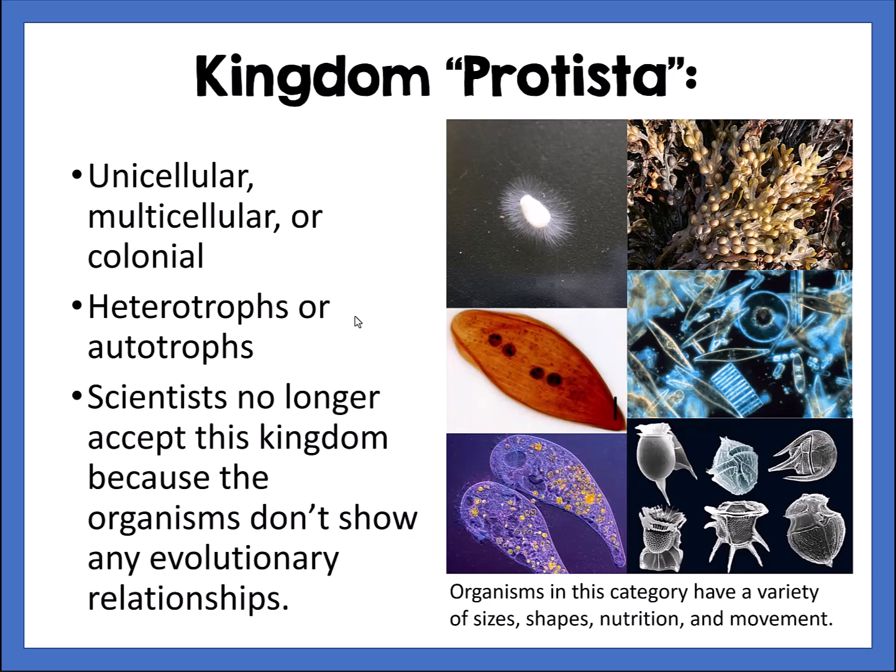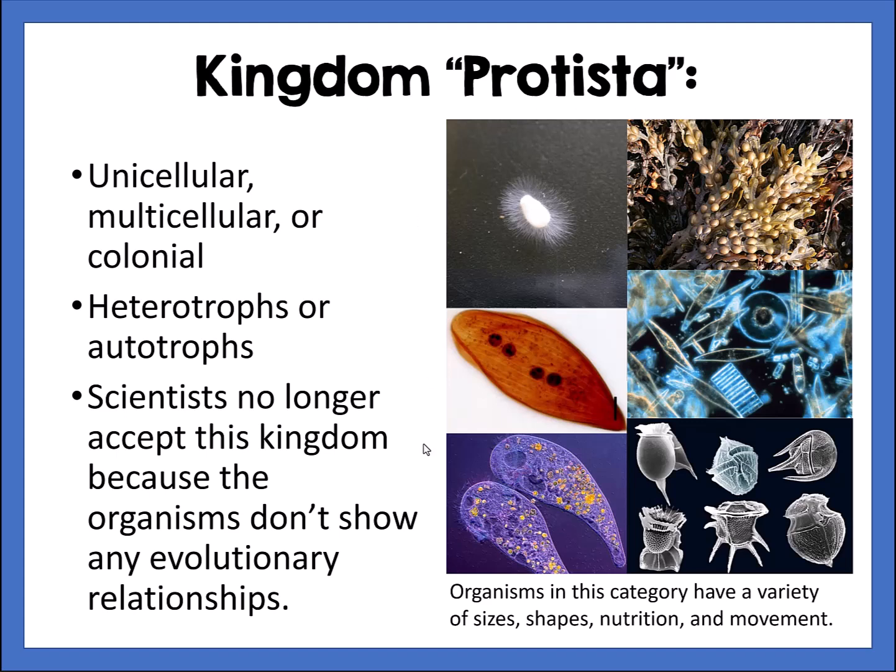And because there's so much variety in this kingdom, scientists no longer accept it as a kingdom, which is why it's got the quotation marks here. Because as they've started studying the genetics of these organisms, they realize that they don't show any evolutionary relationships in the genes, and therefore they are getting lumped into this category but don't necessarily belong here. They belong in a different category, and separated based on characteristics.